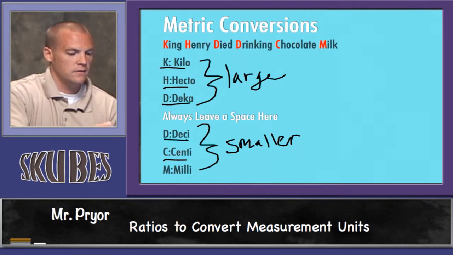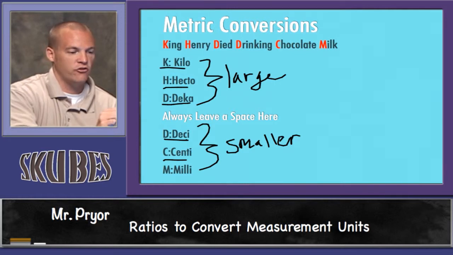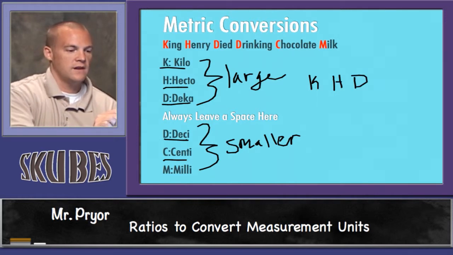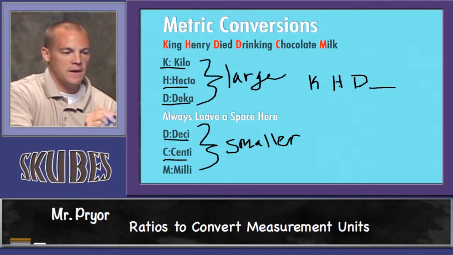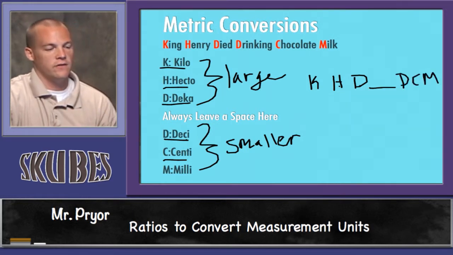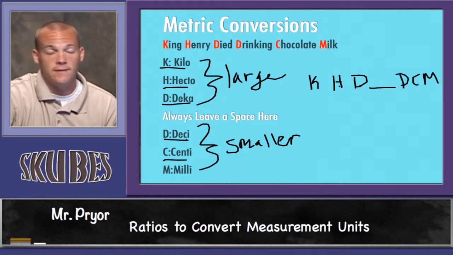All right, so let's look at some examples of how you'll set this up, and I'll just show you really quick. If you use the acronym, when you get ready to solve a problem, you will write them in this order. K, H, D, leave a space, then DCM. And again, each of those letters represents a decimal place.